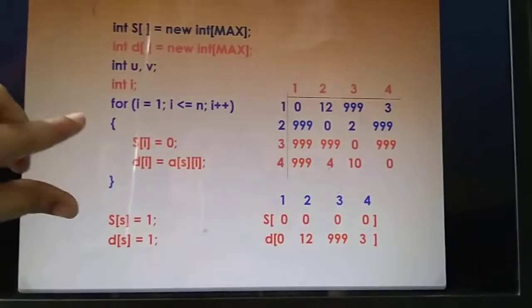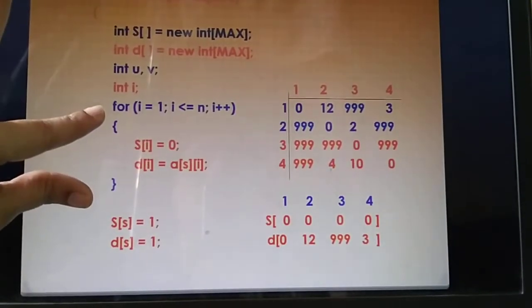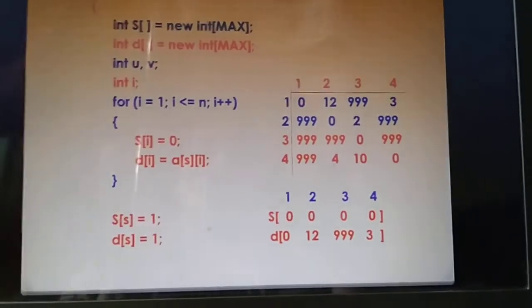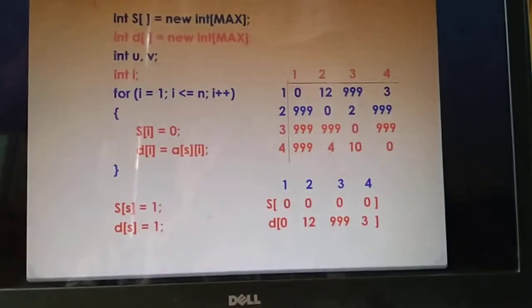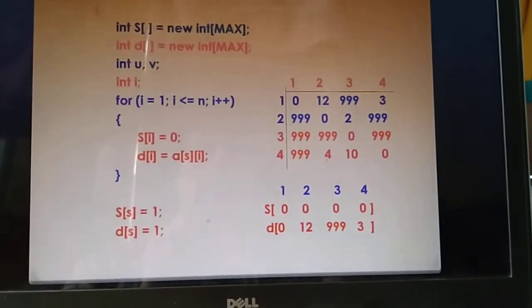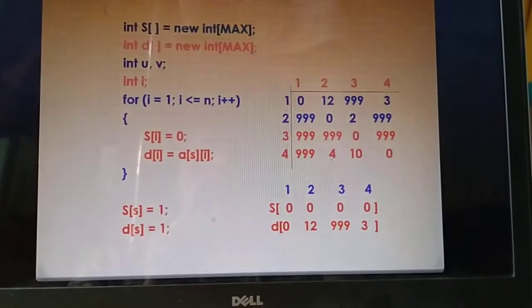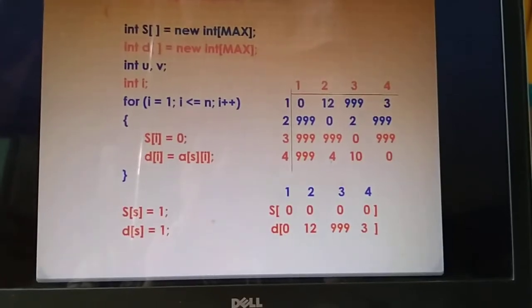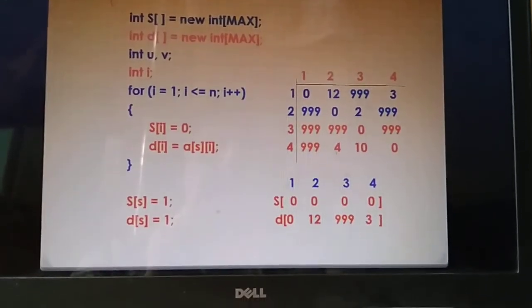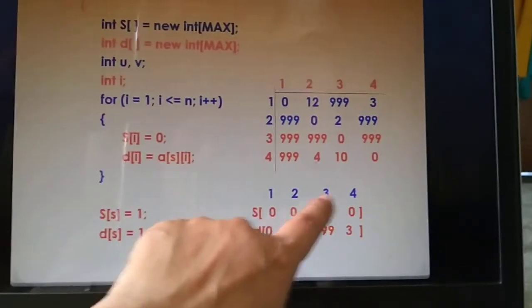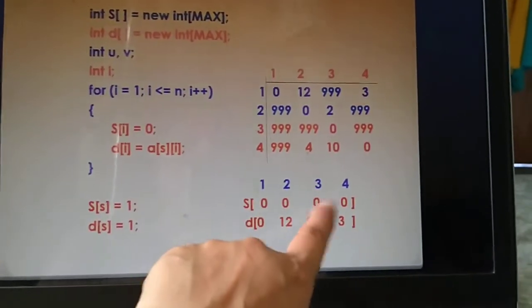These are the initializations we are doing for the arrays S and D. What does array S represent? Visited or unvisited vertices. 1 represents a visited vertex and 0 represents an unvisited vertex. Initially I am making all vertices unvisited.